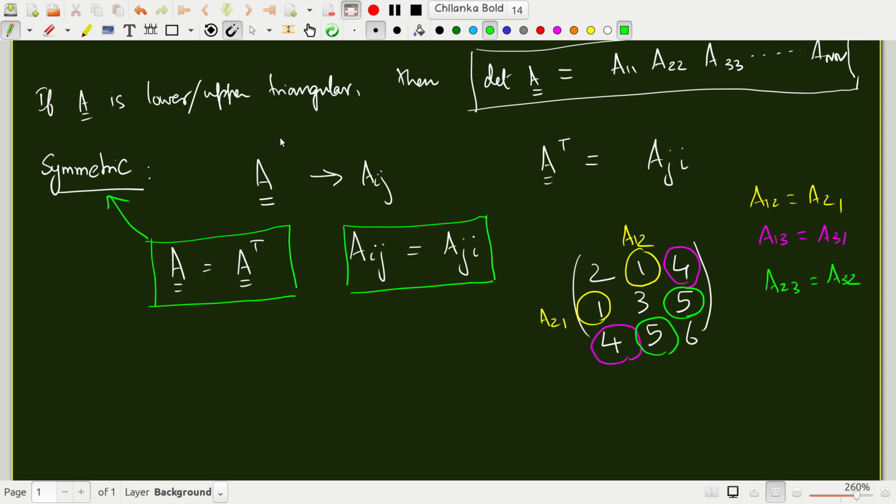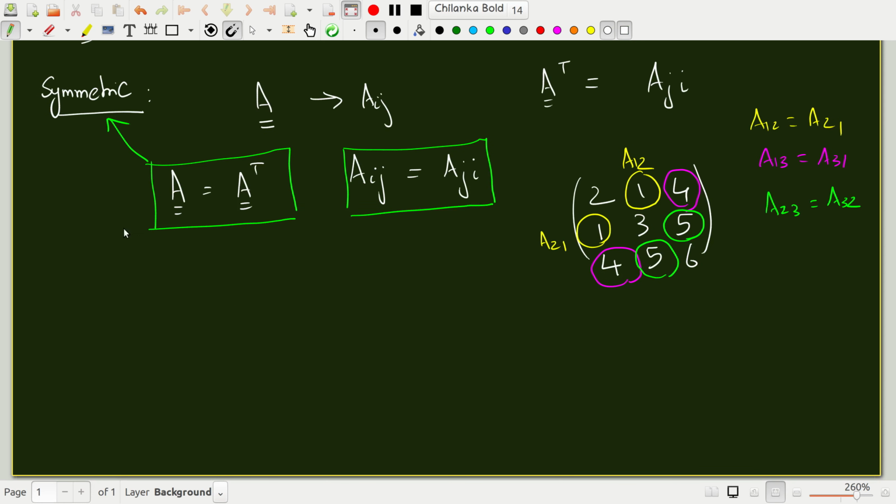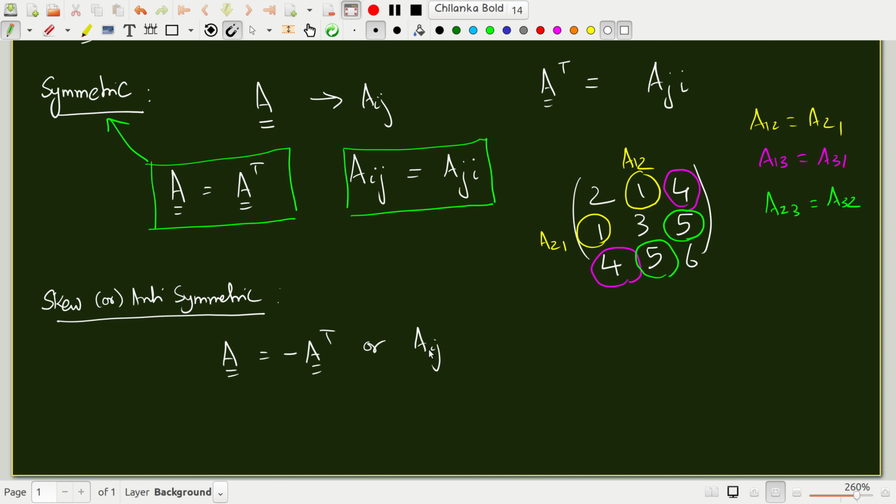Another type of matrices are called skew or anti-symmetric matrices. These are such that A becomes minus A transpose, or Aij is minus Aji.